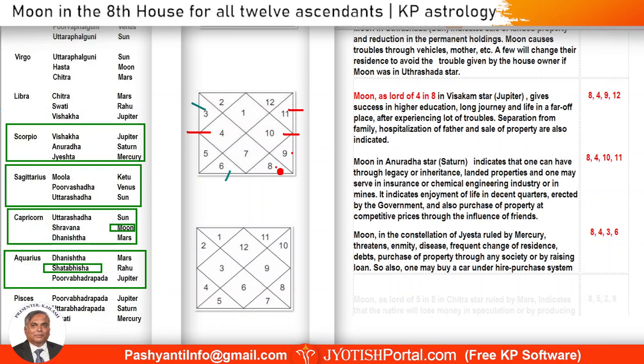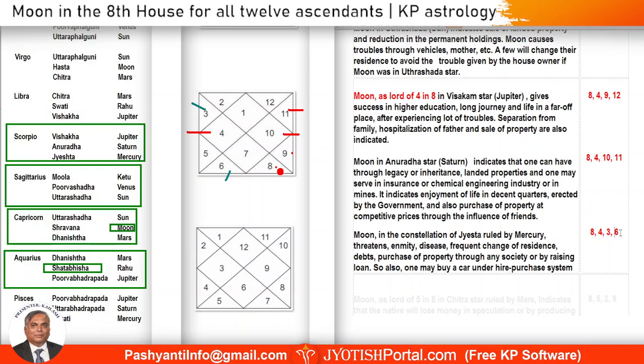Now when you look at the 8 and 6 combination, it always indicates some disease. If 8 and 6 is there, then it indicates disease. And if the 6th house and the 8th house are there, it also indicates inimical activities. And the 6 and 8 combination is not a good combination in Krishnamurti Paddhati, unless it is salvaged by some other positive houses like 10 or 11.